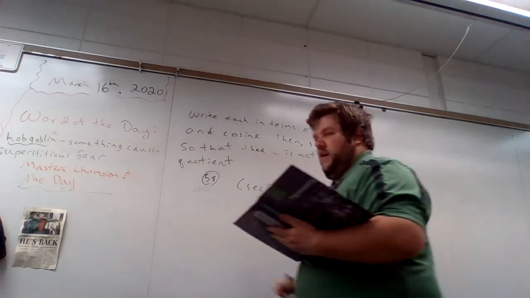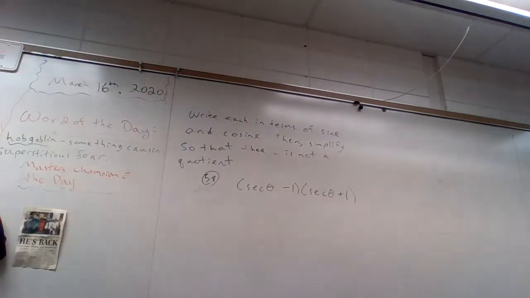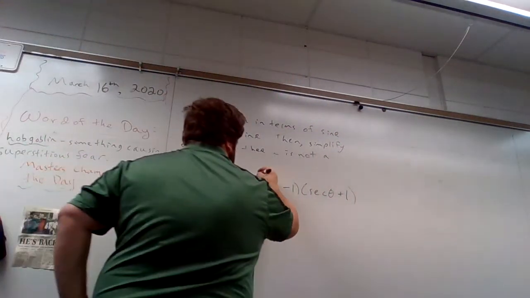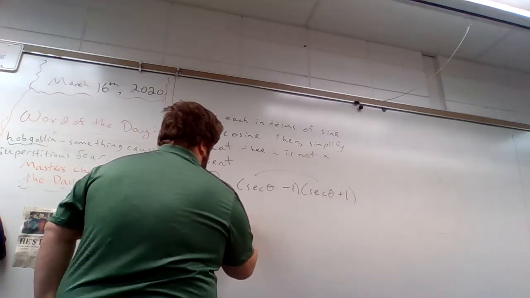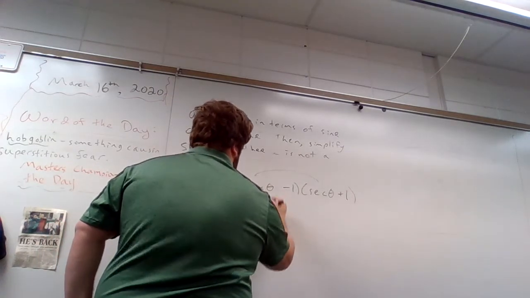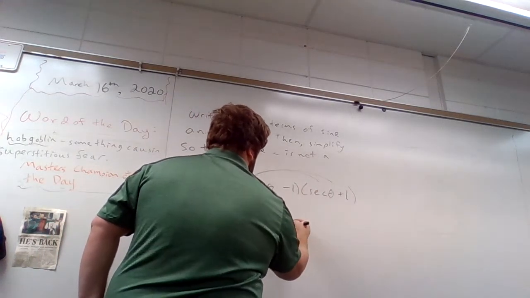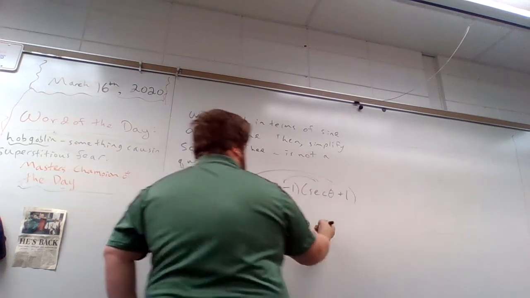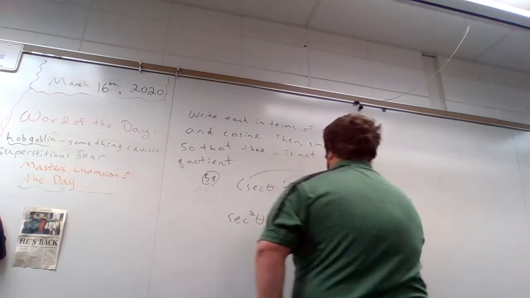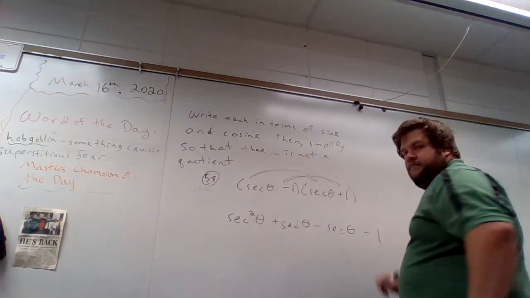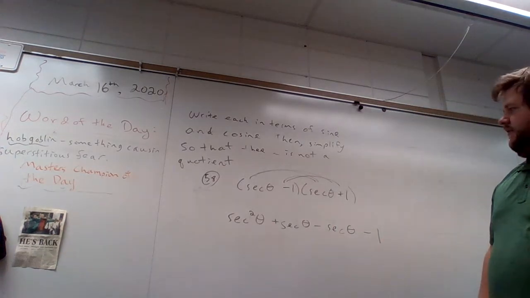We're asking what that is. So I would distribute. I get secant squared theta, secant theta, minus secant theta, minus 1. So just distribute everything out.